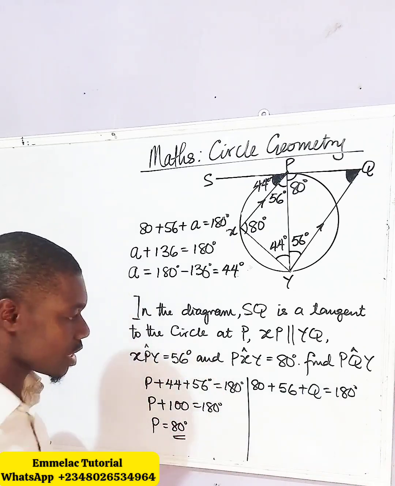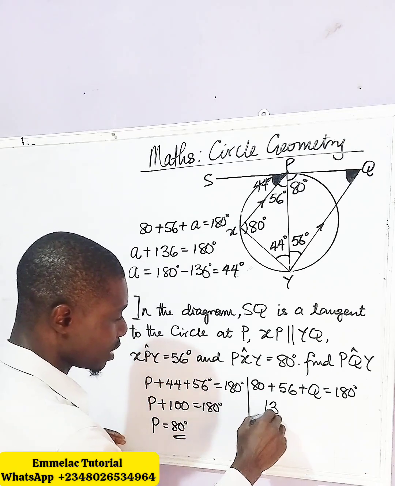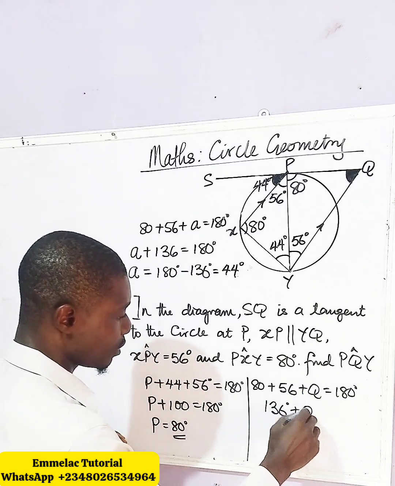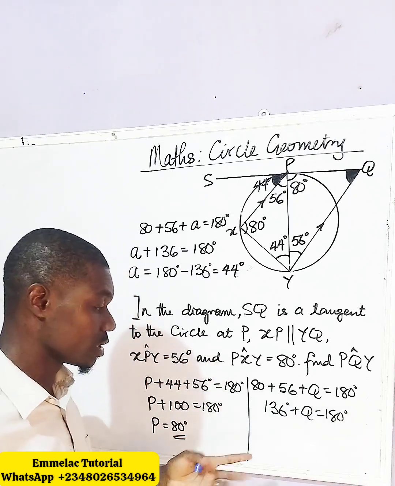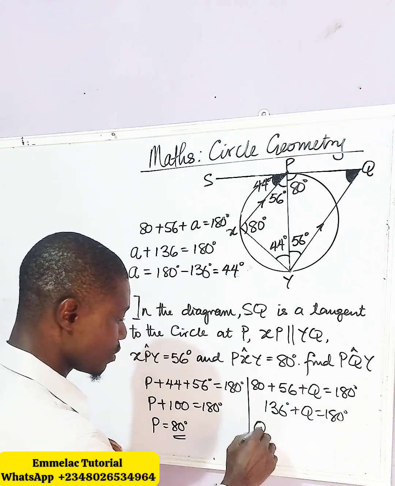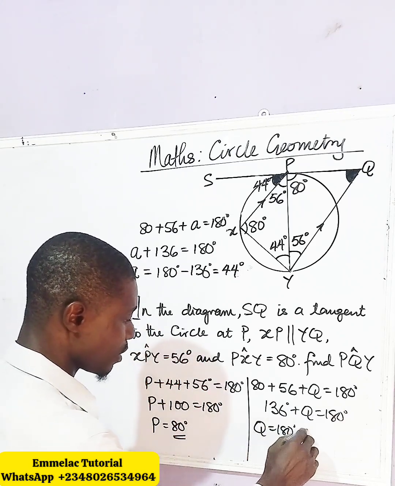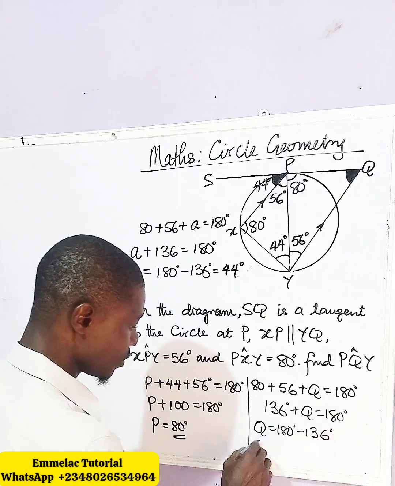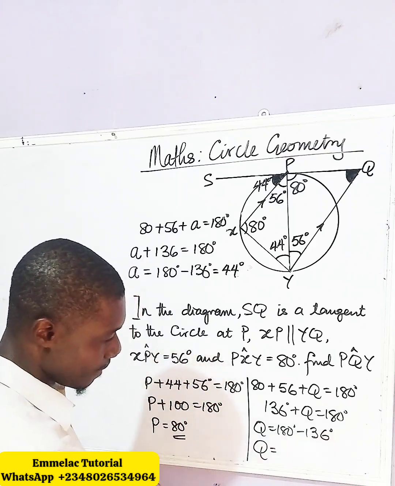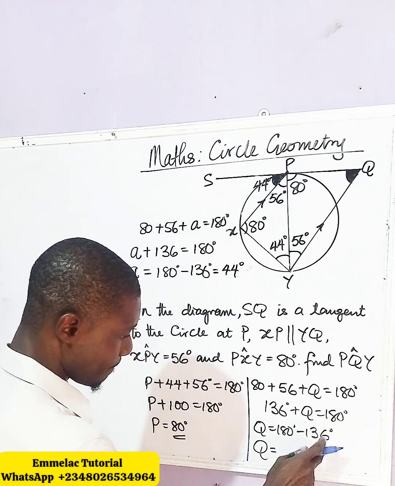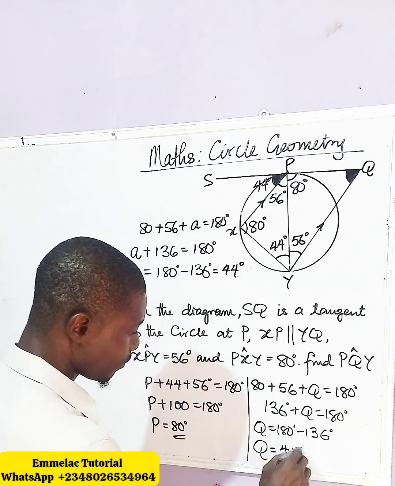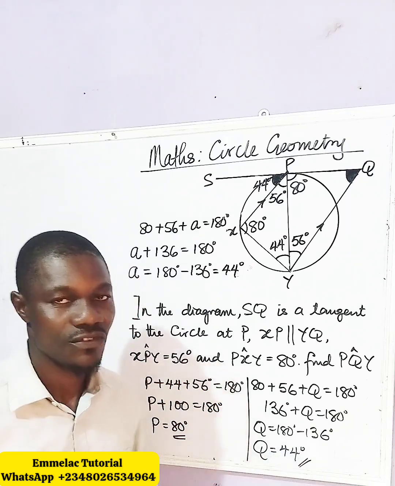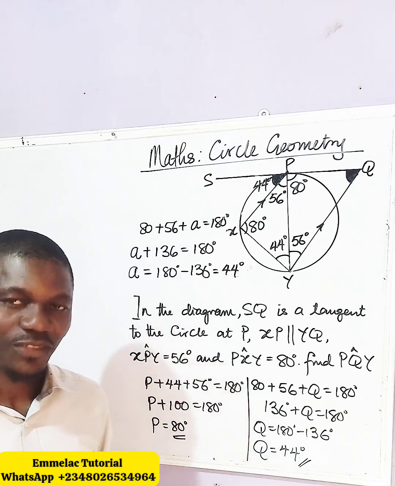When we sum this together, this gives us 136. Q equals 180 minus 136, which is 44 degrees. Final answer. Thank you.